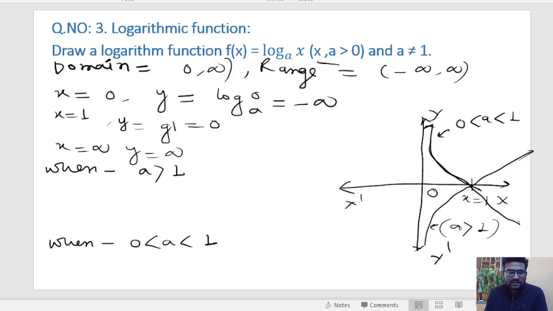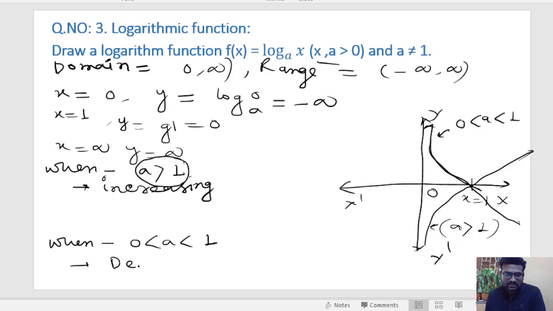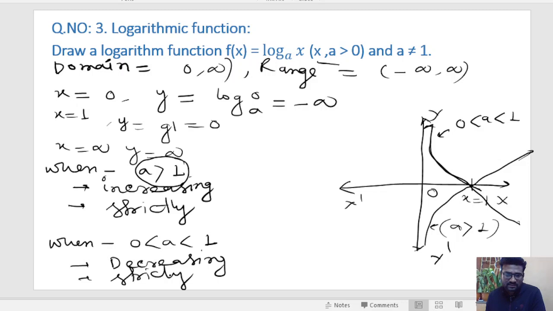In this interval the given function is increasing, and in this interval it is decreasing. We can conclude strictly increasing and strictly decreasing.